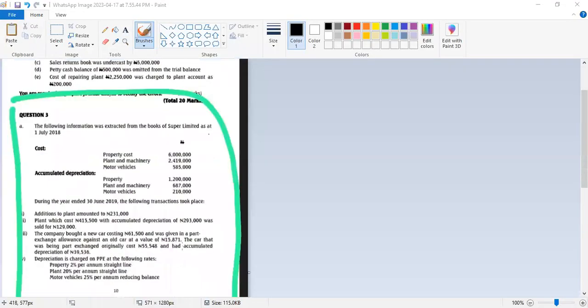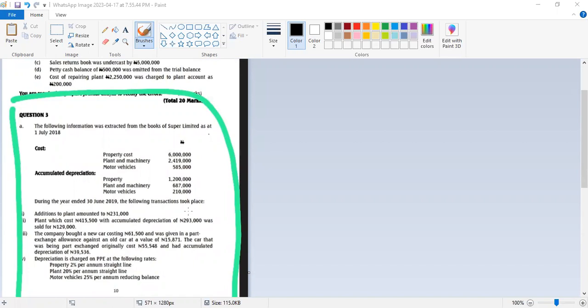There's no addition to property, but there's an addition to plants in note 1, which is 231.